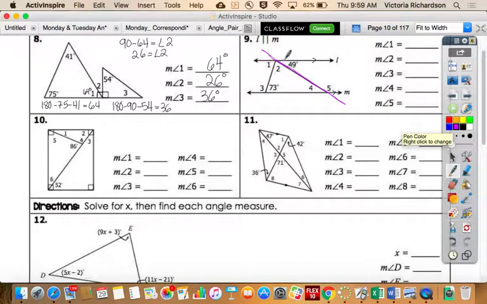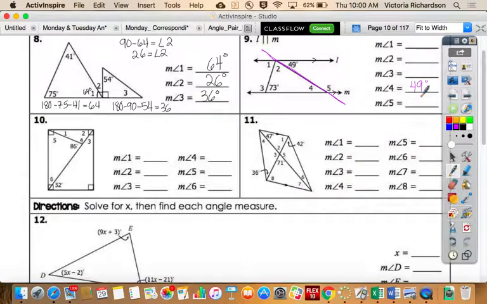So when you have two parallel lines and they are cut by a transversal, if you have angles that are opposite each other, they are equal. So if this angle is 49, on the alternate side of the same line, angle 4 is going to be 49. And we found that, and we didn't even have to do any kind of math.